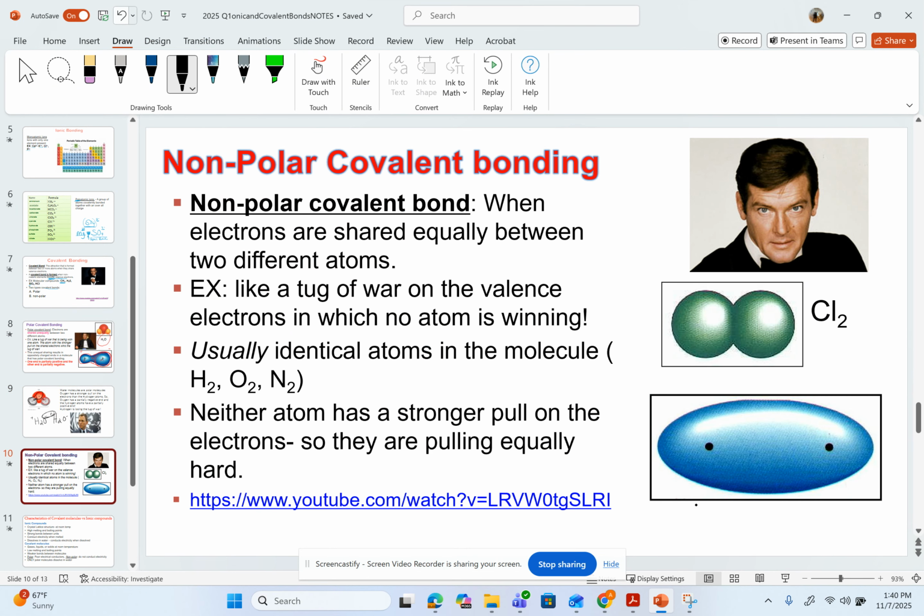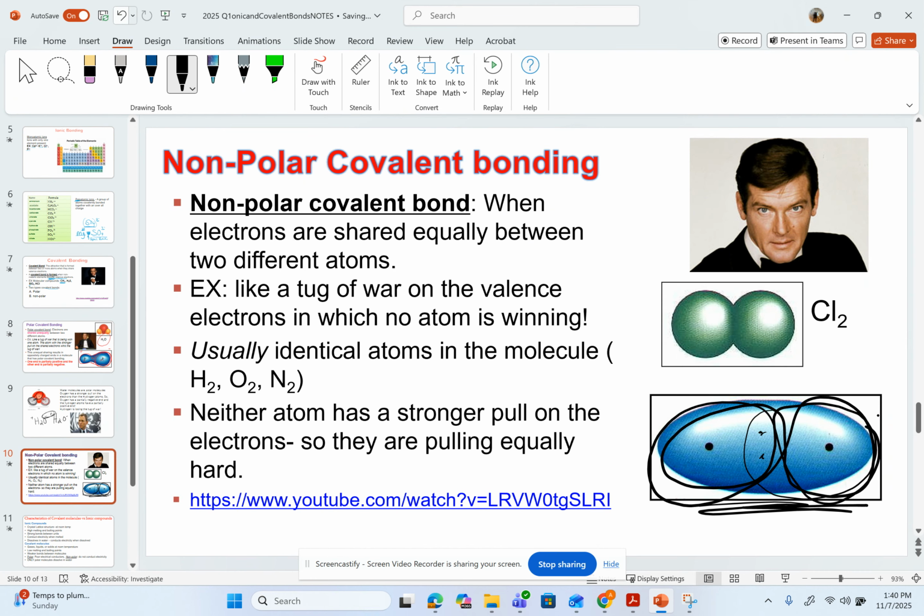As you can see down here, this shows two atoms, and you can see that the density of the clouds is equal. That means our shared pair of electrons right here, these two electrons, are going to spend an equal amount of time in each electron cloud.